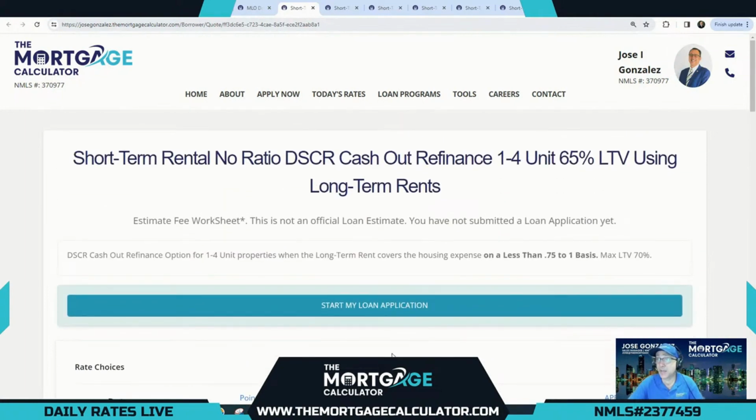For our last example here, for our short-term rental, no ratio DSCR cash out, where the DSCR is less than 0.75. So many great ways here to finance your vacation rental for your purchase or your vacation rental for a cash out refinance.